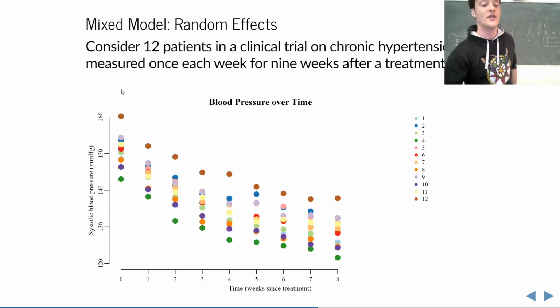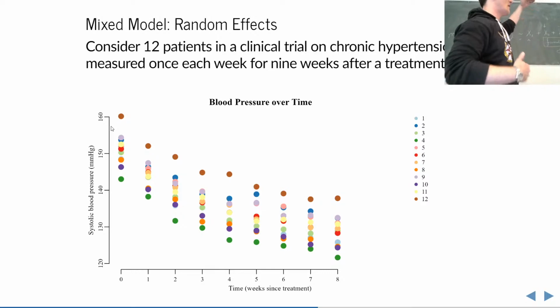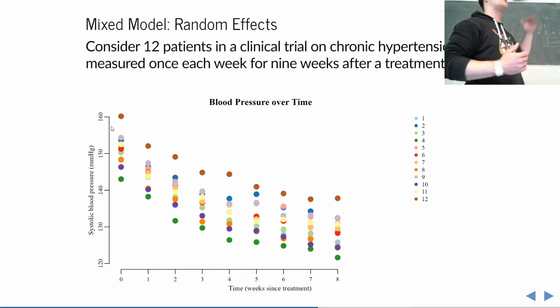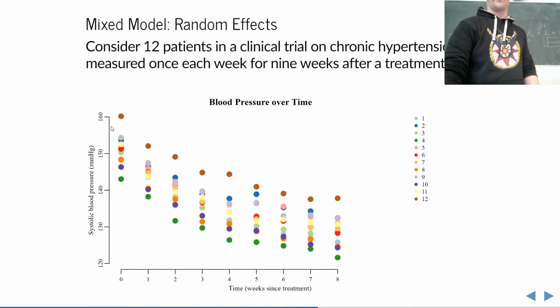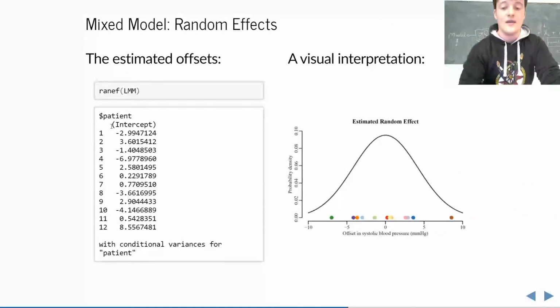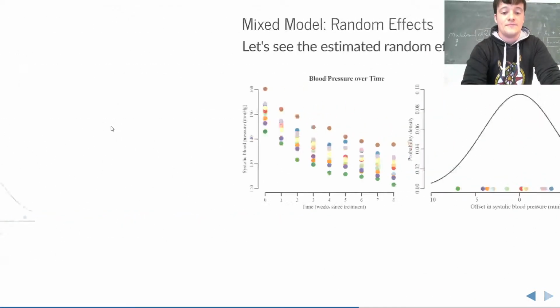Because this mixed model doesn't only look at this. It looks at the entire range. And then it estimates, across the whole range, how much the brown patient differs from the blue patient, the lilac one, the yellow one, etc. And that is much more efficient. Okay, so that's what the random effect looks like.